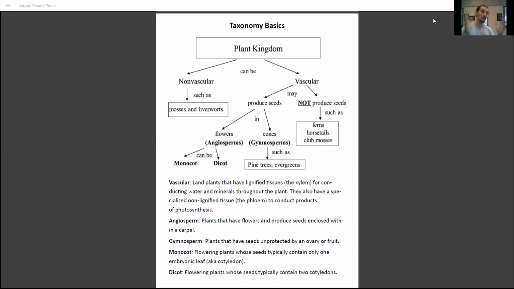And fortunately, there's in general a very easy division where we can separate plants that when they first germinate have one cotyledon leaf or two cotyledon leaves when they first come up. And we respectively refer to them as monocots and dicots. And I'll reference this as we talk about specific plants or specific types of plants in the future.